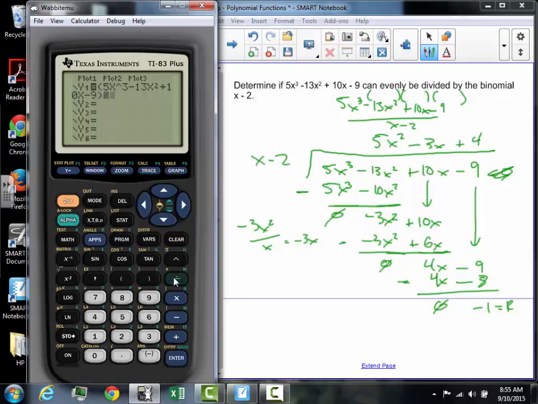And then I'm going to try to divide that by x minus 2. This thing should have an asymptote, hopefully. Or I screwed up. Uh-oh. Did I screw up here? 5x to the 3 minus 13x squared plus 10x minus 9 over x minus 2.